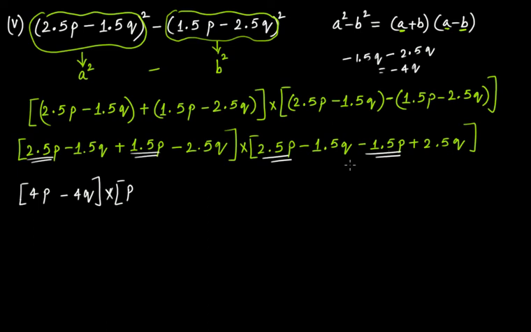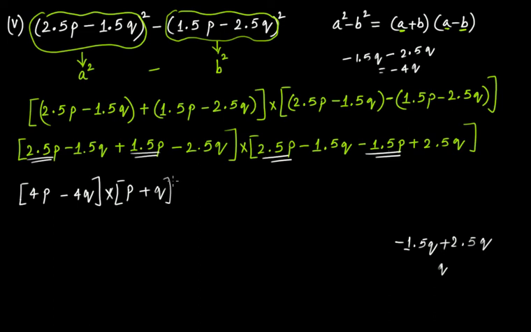So this is minus 1.5q plus 2.5q. This will give you 1q, that is q. Right? 2.5 minus 1.5 is 1. So you'll get q here. So this is p multiplied by p plus q. This is p plus q.